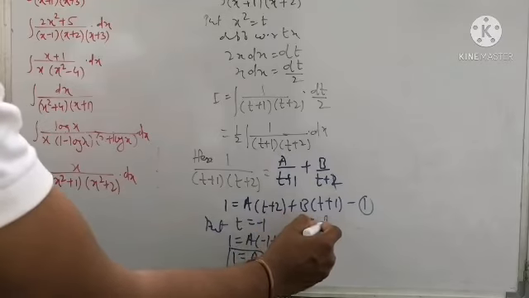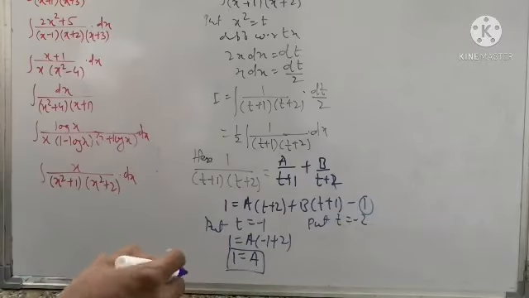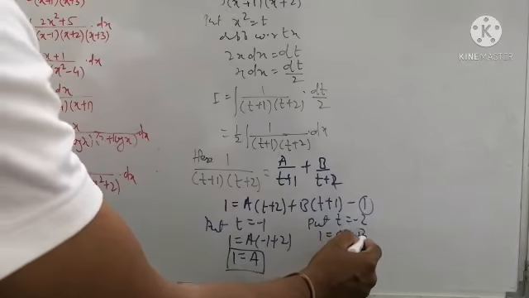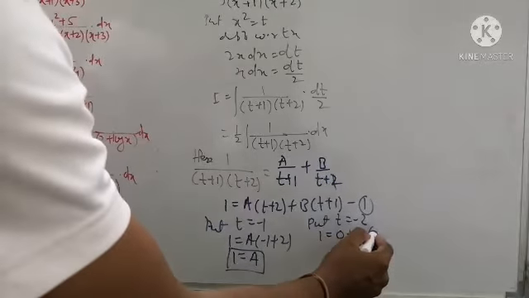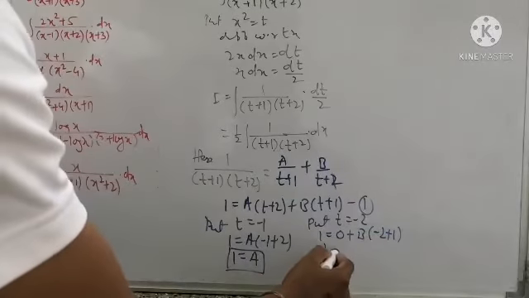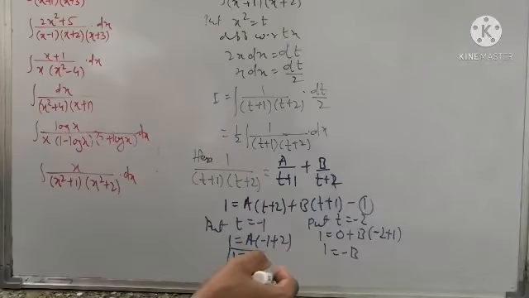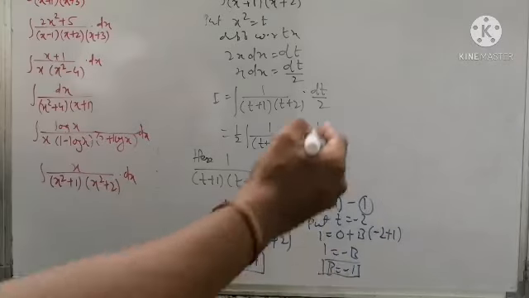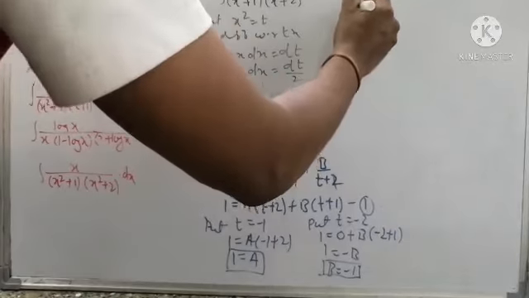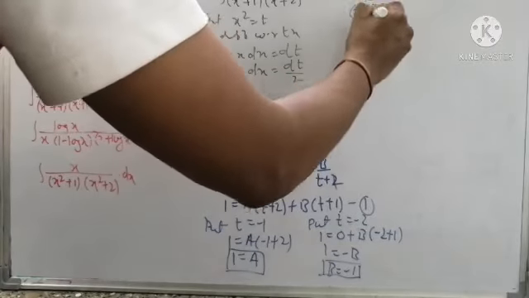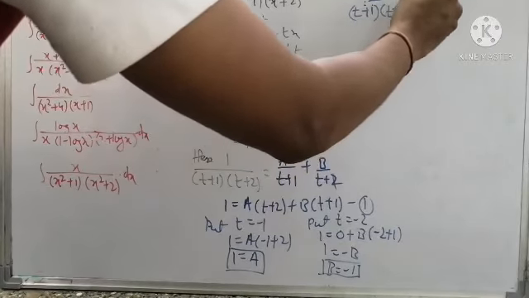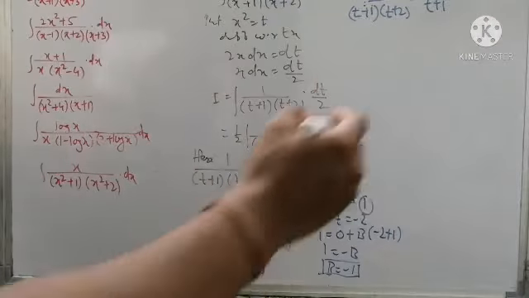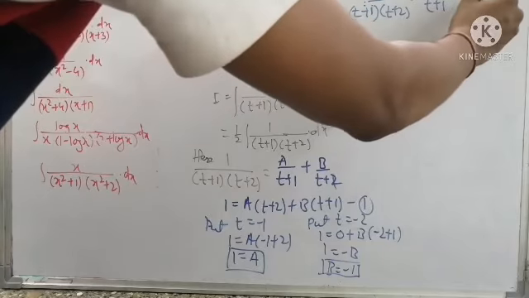Similarly, putting t equal to minus 2 to eliminate the term of A, we get in the equation 1 is equal to, the term of A will be 0, and B contained in bracket minus 2 plus 1. So minus 2 plus 1 is minus 1, so 1 is equal to minus B, so B is equal to minus 1. So we get the required partial fraction as 1 upon (t plus 1) into (t plus 2) is equal to 1 upon the first linear factor t plus 1 plus B, which is minus 1, upon the second linear factor t plus 2.